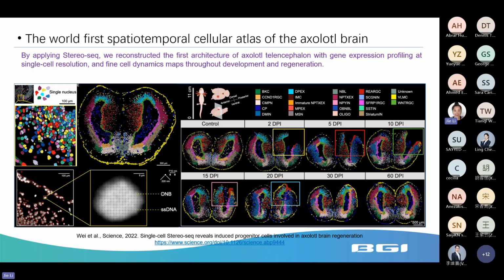The analysis of the early period of the regeneration and the wounded area also induced the REA EGCs to develop into IPC, then into mature neural stem cells, and finally mature neurons. This confirms that there are certain similarities in cell differentiation of axolotl telencephalon development and regeneration, but they also have their own specific molecular regulatory pathways.